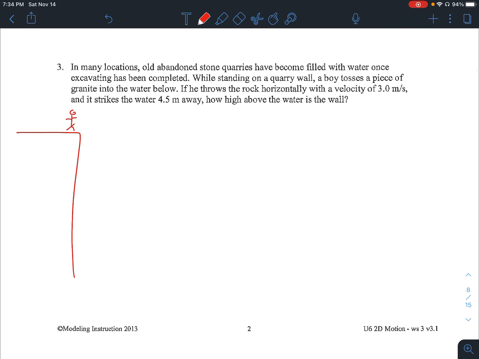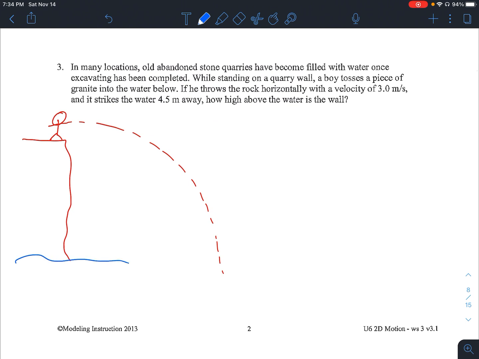It's a weird looking guy. Let's do this a little bit to scale here. And he throws a rock and hits the water.